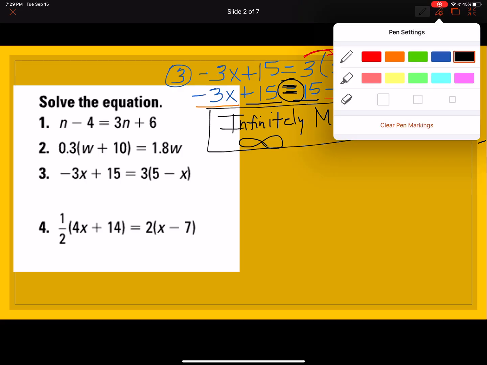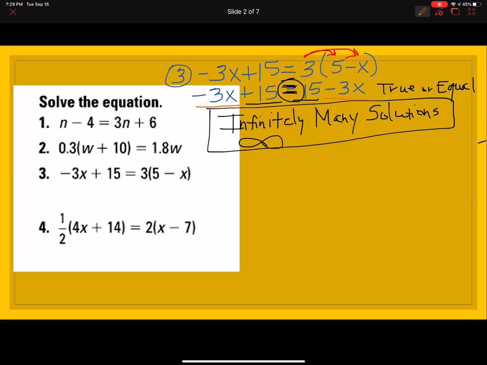Okay, looking at number 4. On number 4, we have 1/2 parentheses 4x plus 14 equals 2 parentheses x subtract 7.